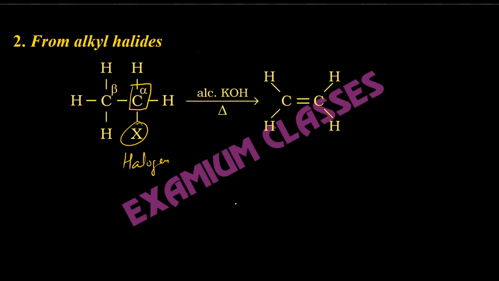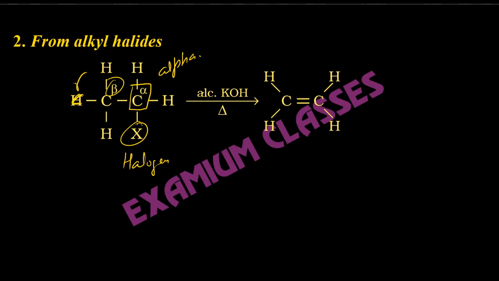So X can be chlorine, bromine, iodine. The carbon to which this chlorine or bromine or iodine is attached is called the alpha carbon. The carbon next to that one is called the beta carbon. If there is another one next to that, that will be called the gamma carbon. Okay. So suppose you have a carbon here, that will be called the gamma carbon. Alpha, beta, gamma. Alpha will always be the carbon to which the functional group is attached.